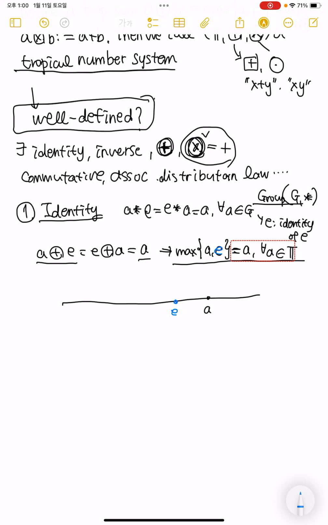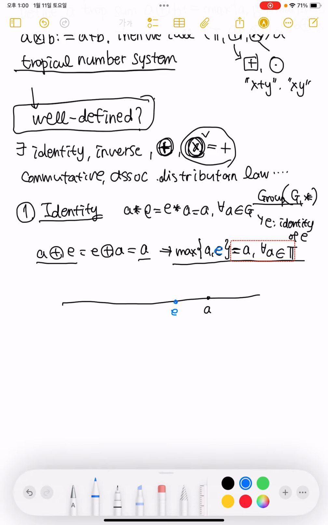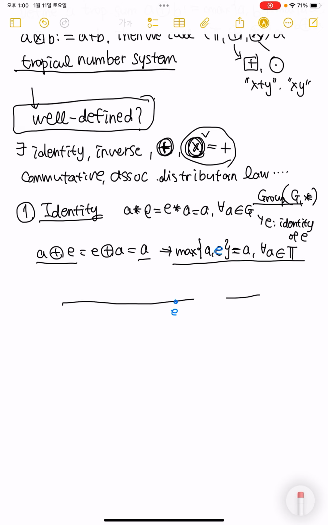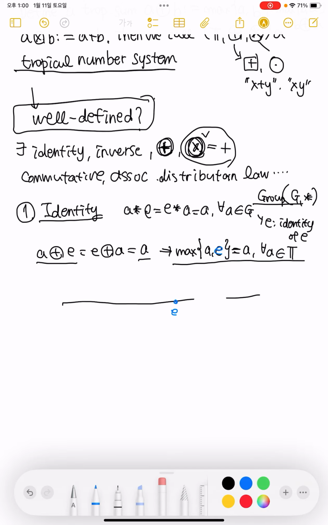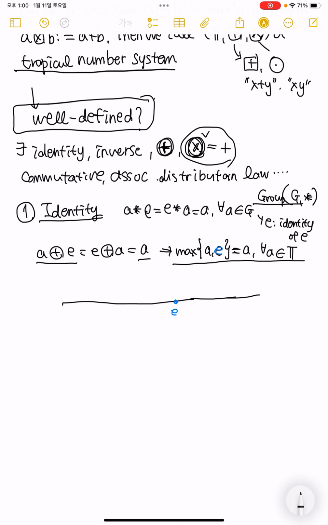But note that it must hold for every tropical number. So if A is here, then this part does not hold. So E should move to the left. Then okay.